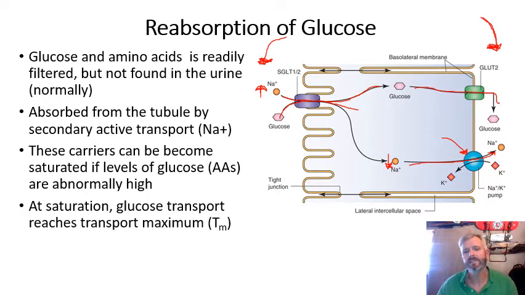Okay, the key is also, why do we get reabsorption of all the glucose? We have enough transporters on the membranes here to be able to reabsorb it. Does anybody know any situations where glucose might be excessively high in the blood? And when we come to diabetes.